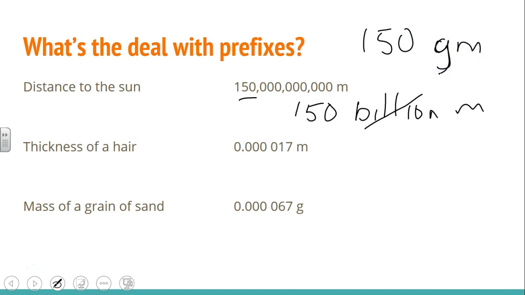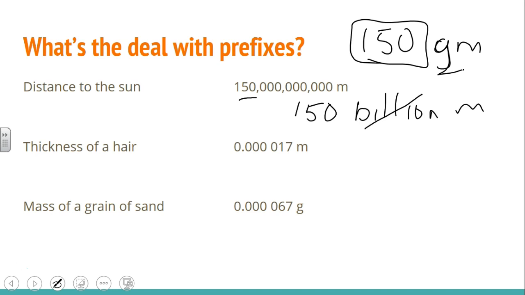And now our brain can kind of understand 150. It doesn't change the value of the number because we've put the prefix in there, but it's a little easier to deal with when we're doing math and trying to understand that quantity of things, whether it's meters or whatever.